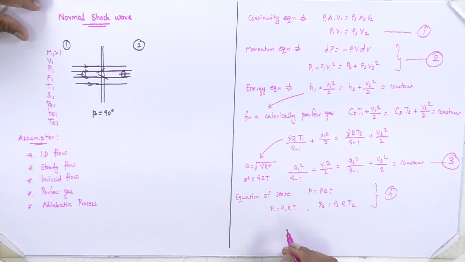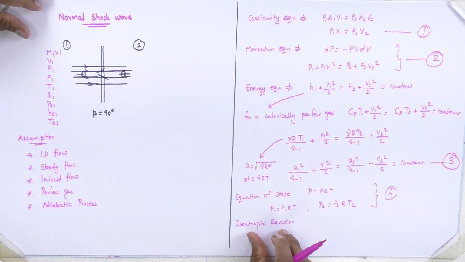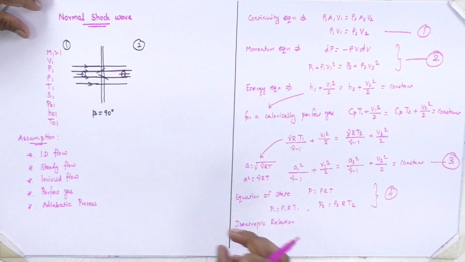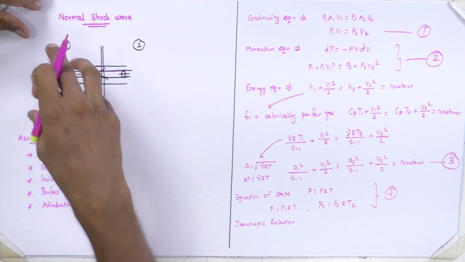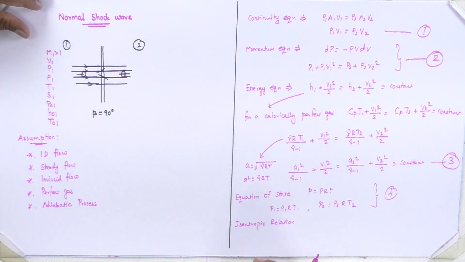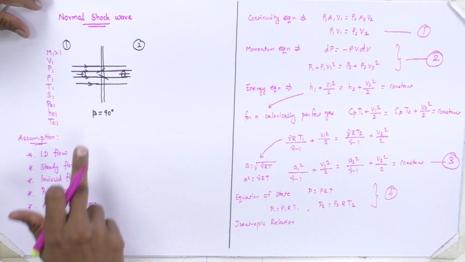Then we have isentropic relations. This relation cannot be used to relate region 1 and region 2, but we can apply it within region 1 or within region 2. We cannot relate region 1 and region 2 using this equation because the flow process is an adiabatic flow process.